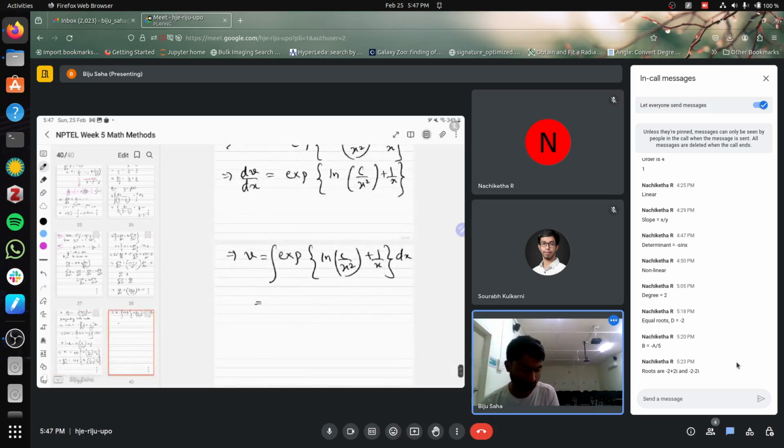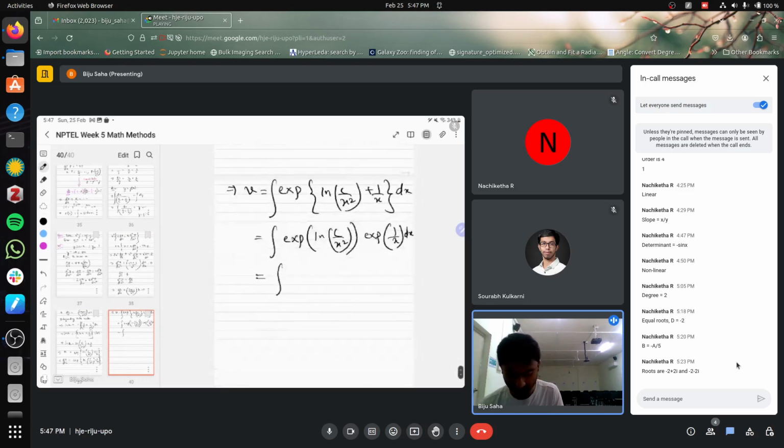So what is it like? You have exponential of ln c by x square on one side, and the product of these two, so basically this is c x to the power minus 2, and here e to the power 1 by x dx.